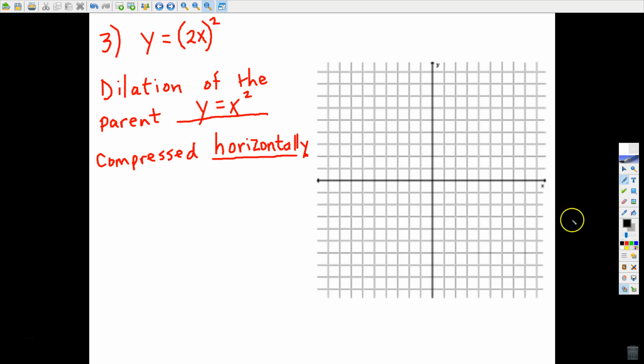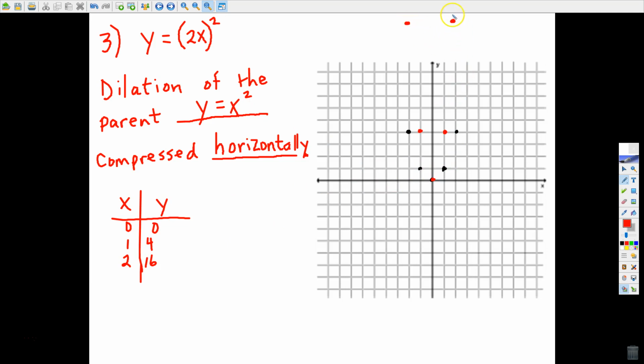Okay, so once again, we'll just look at our parent parabola using black dots, and let's come up with a table of values for the given function: 0, 0. If I input 1, I get 2 squared, which is 4, and match that up. If I input 2, I get 4 squared, which is 16. Well, you can tell that's getting up there pretty fast.